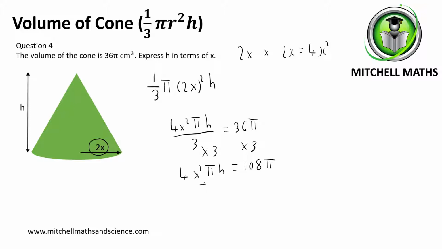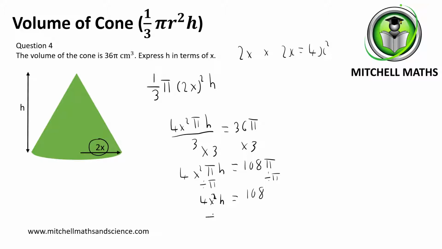I'm then going to divide by pi just to cancel out the pi on both sides, which will give me 4x squared h equals 108. I can then divide by 4, or I can actually divide by 4x squared, that'll probably be better.